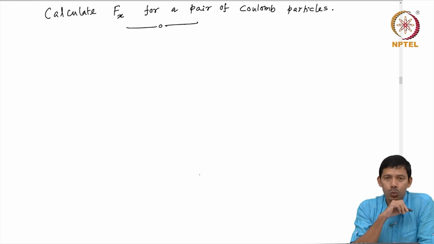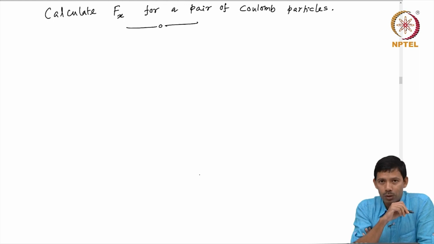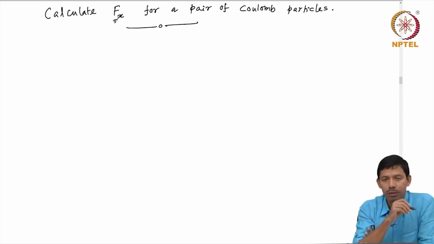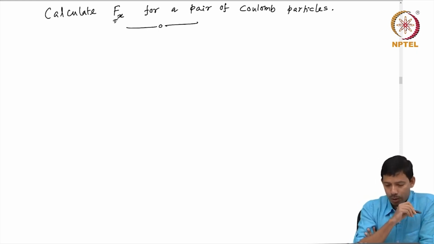The potential between two charged particles, as we have already seen, is Zi Zj divided by 4 pi epsilon 0 Rij. So you take the negative gradient of that and you get the force. But here I want the x component of the force. So how do you go about it?